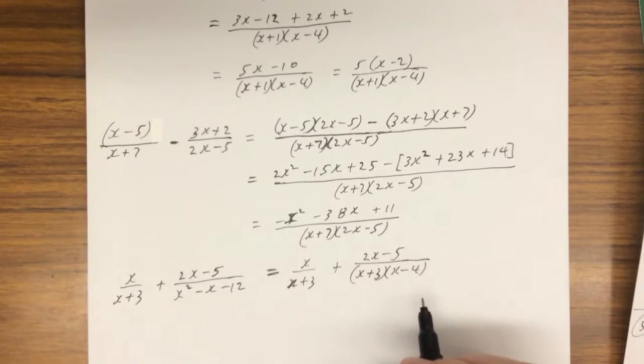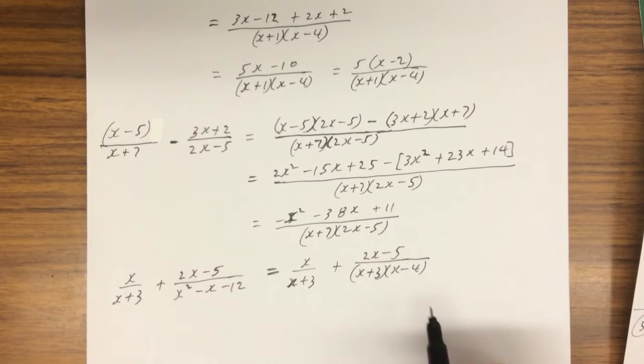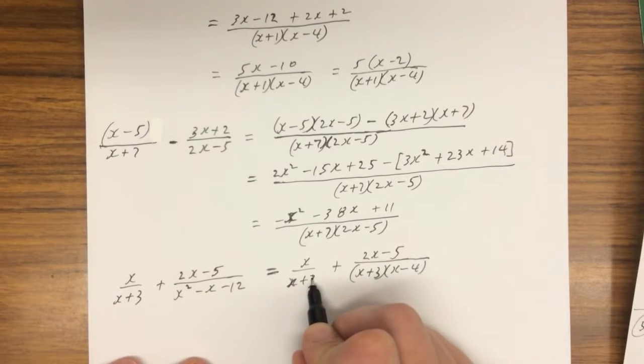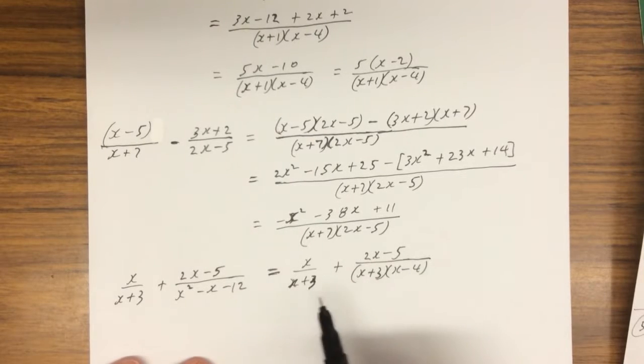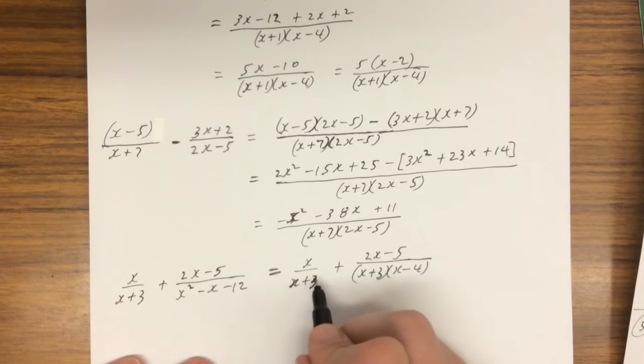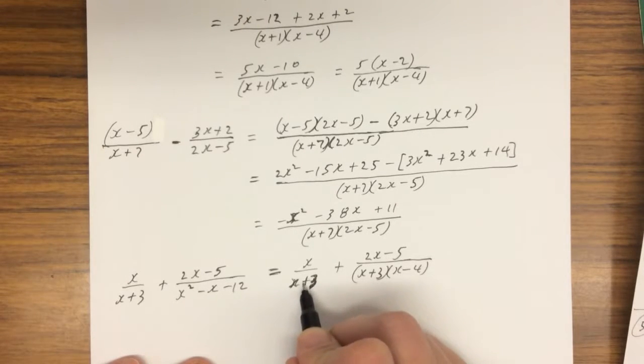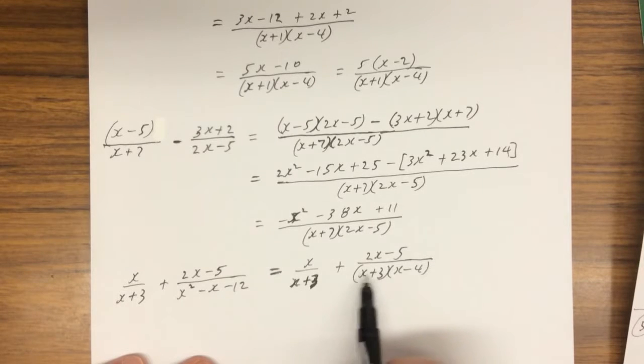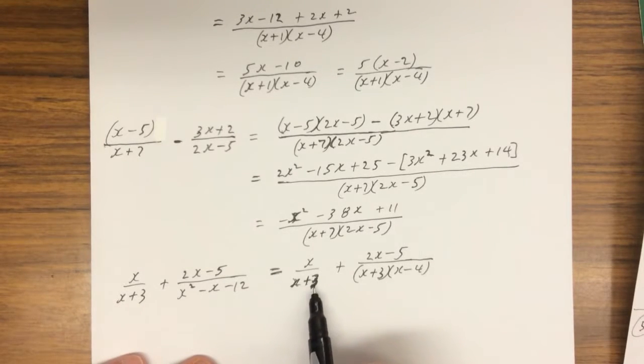So if you recall, when we're adding fractions, if the denominators had a factor that was greater than 1, then you could get the lowest common denominator. Okay? So here x plus 3 is in both of these. In order to get this one to be the same denominator, I just have to multiply it by x minus 4, top and bottom.